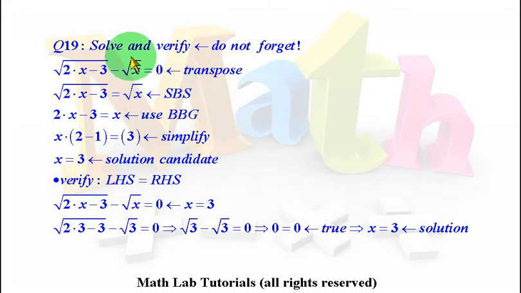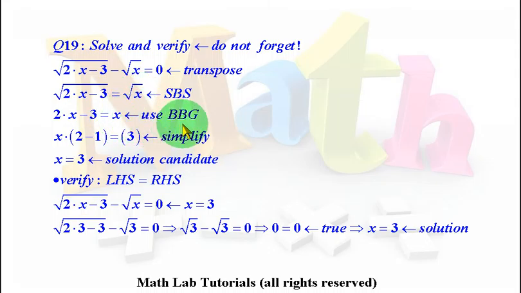So we're going to transpose this guy over to the right-hand side. When we do that, we get the square root of 2x minus 3 is equal to the square root of x. Because we have a radical on the left and a radical on the right, it's time to square both sides. When you square the left, you get 2x minus 3. When you square the right, you just get x.